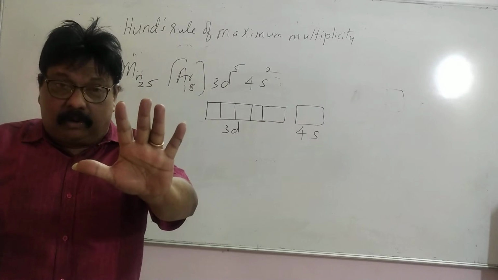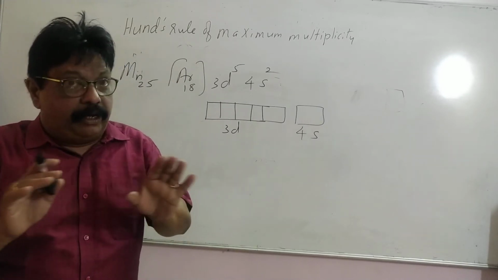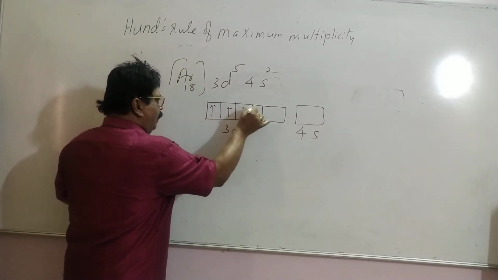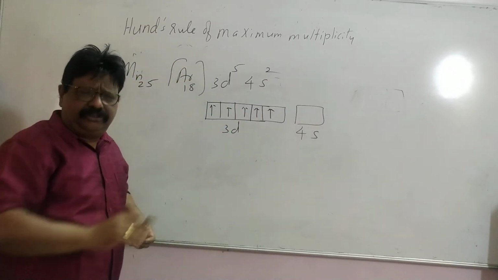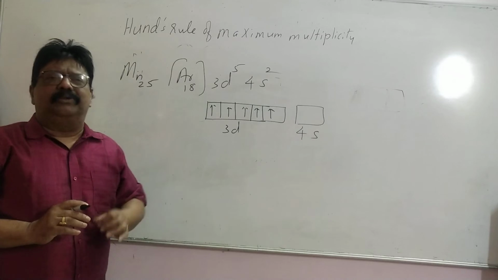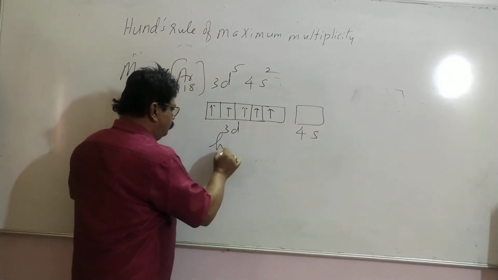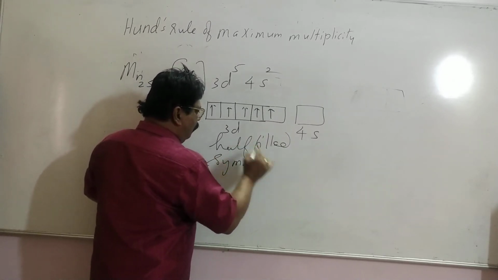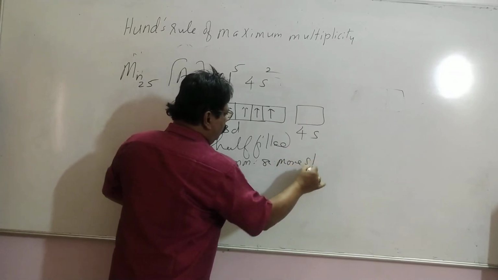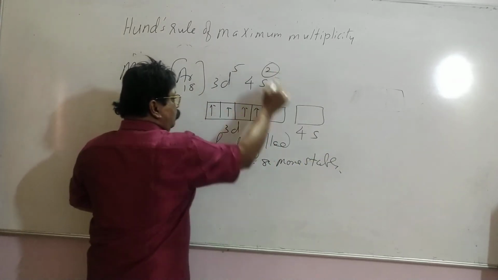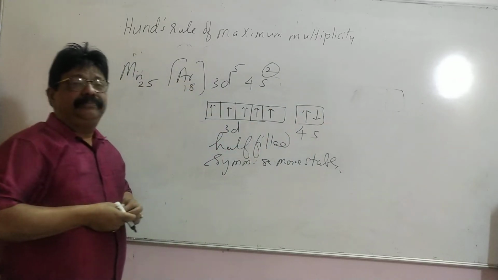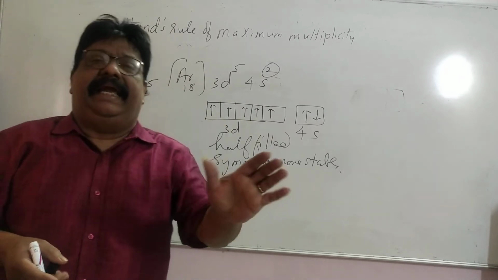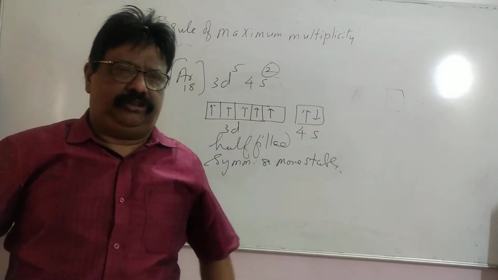They are of equal energy. So in 3d5, in all five orbitals there is an equal number of electrons. So this is half filled, more symmetrical, and so more stable. For us to go electron over 3d5, just like 2p3 or 3p3, half filled is a more stable electronic configuration.